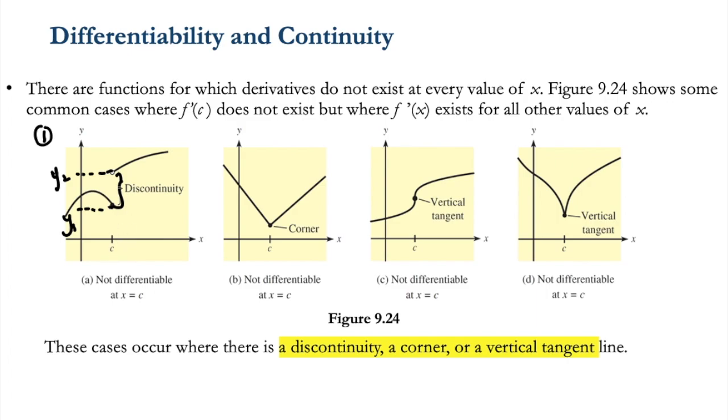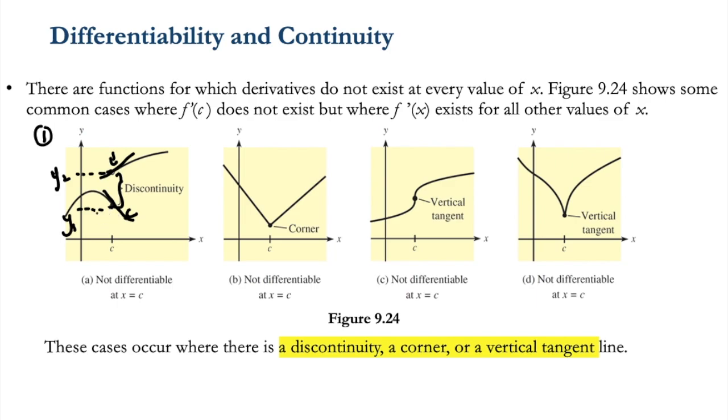So at x equal to c, if you try to put a tangent line and calculate the slope of the tangent line here, it won't work. Where do you want to put it? Is it here or is it here? Do you get what I mean? If you're talking about here, then you see the tangent line is upsloping, so you would expect the slope to be positive. But here the slope will be negative. So they contradict each other.